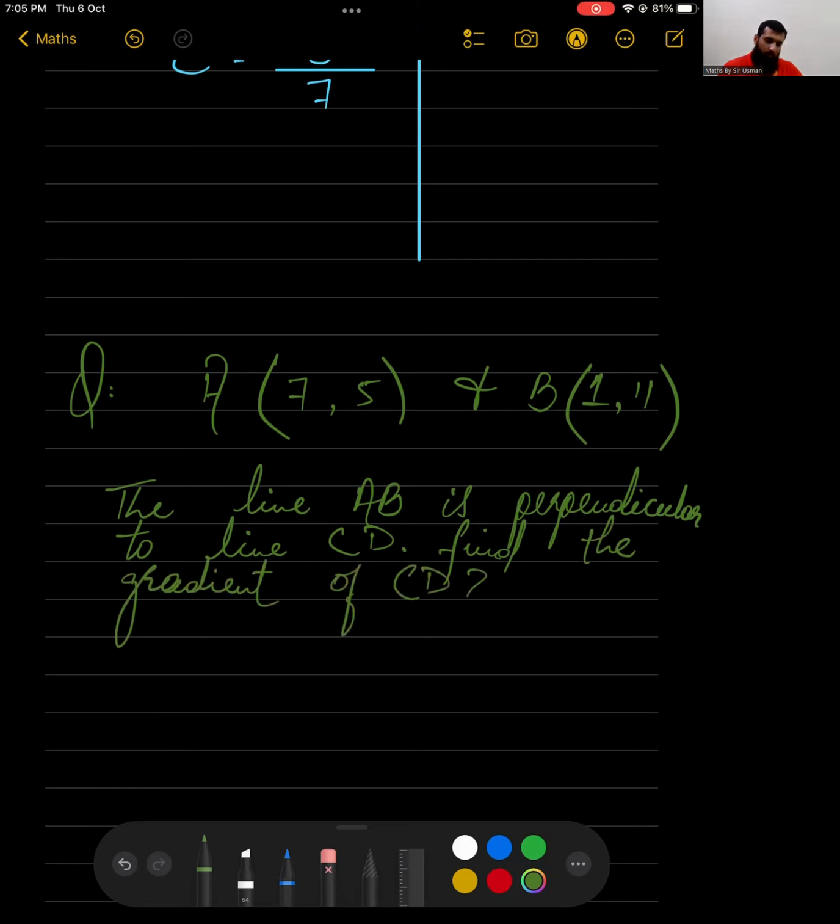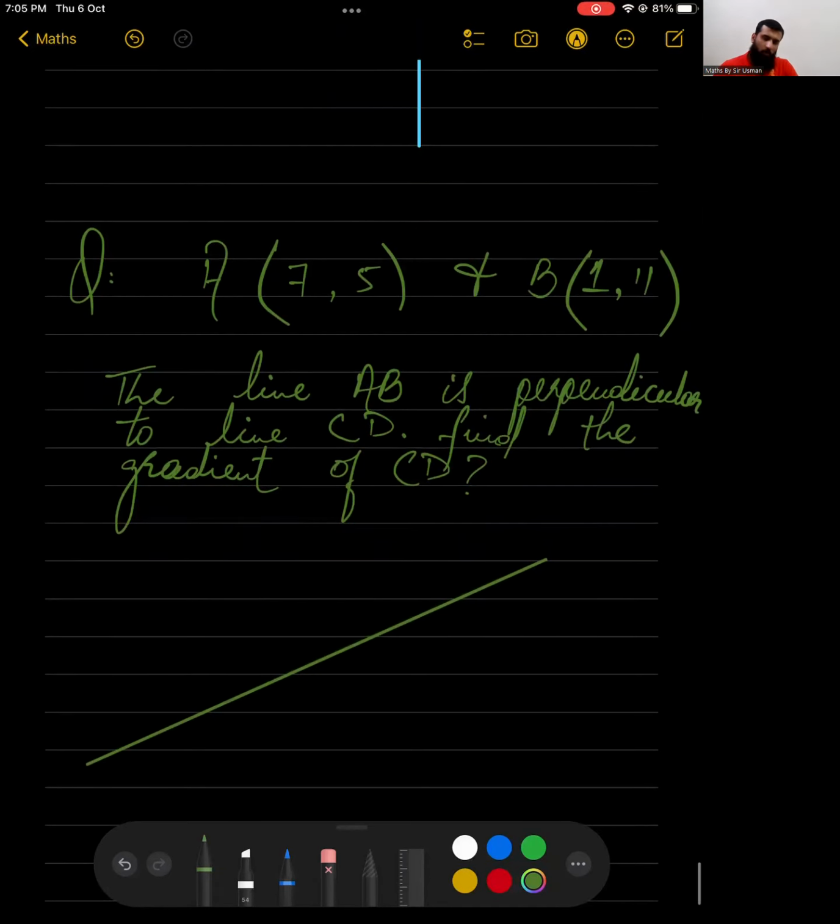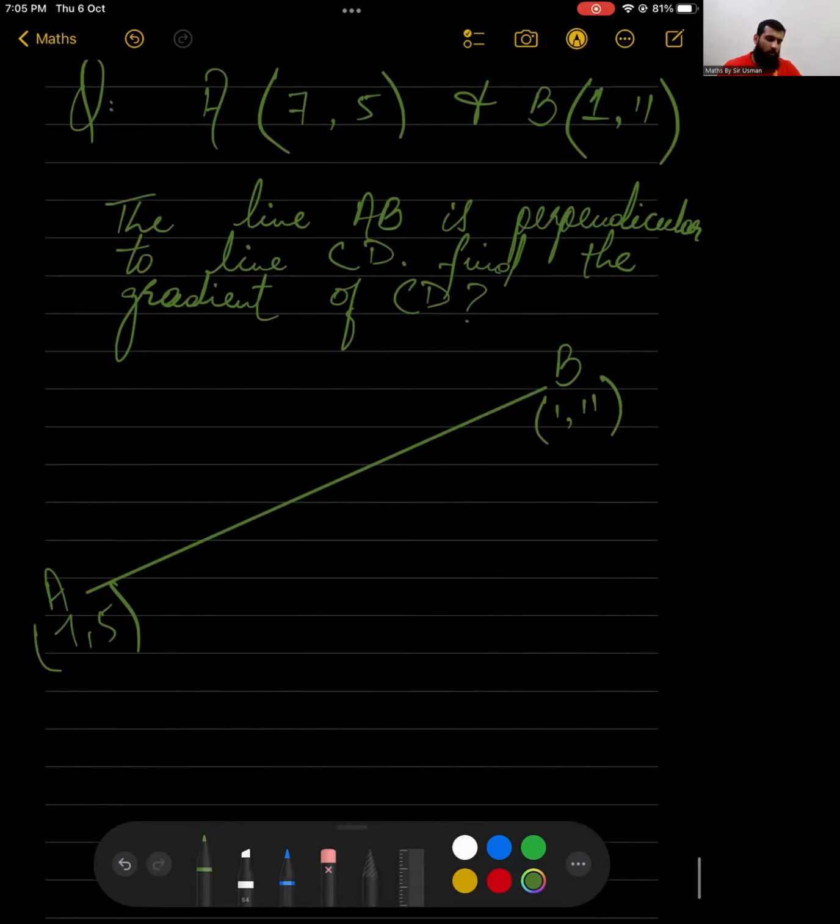ओके तो अब यहाँ पर हमारे पास प्रॉब्लम ये है कि इन्होंने हमें A से B तक के कोऑर्डिनेट्स दे दिए हैं. They are saying that we have a line AB, something like this, having coordinates 7, 5 and 1, 11. But we have the other line passing through it at 90 degree, like एक perpendicular line pass कर रही है right from this line.